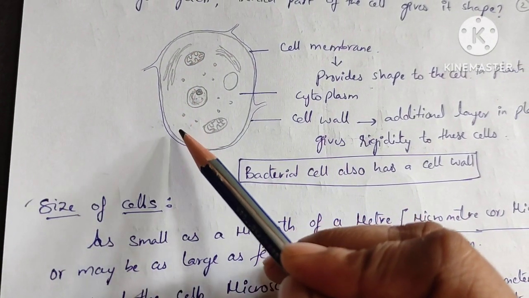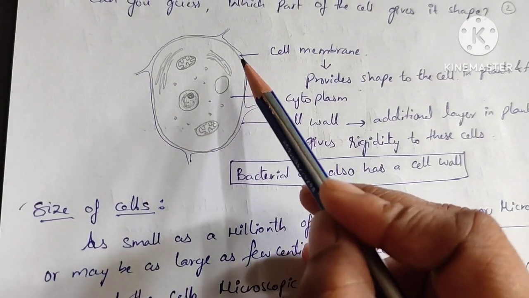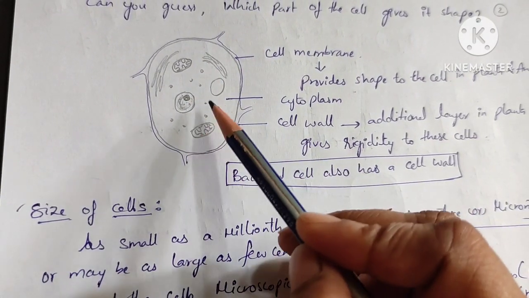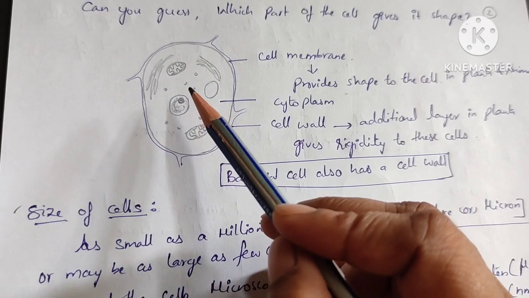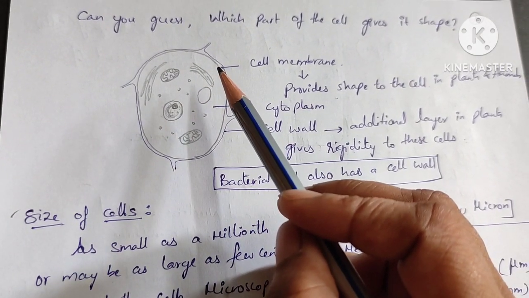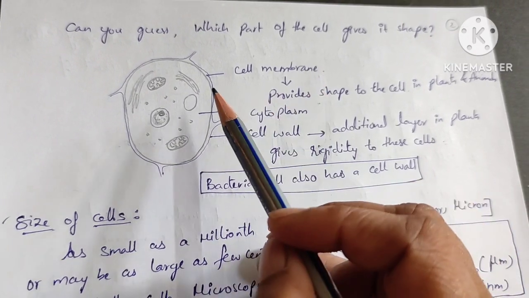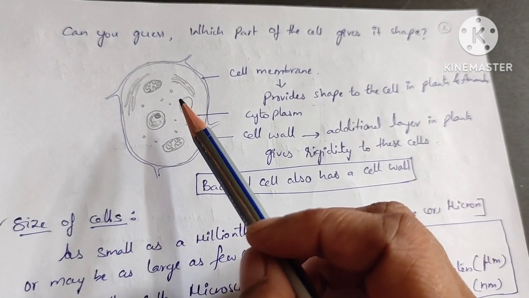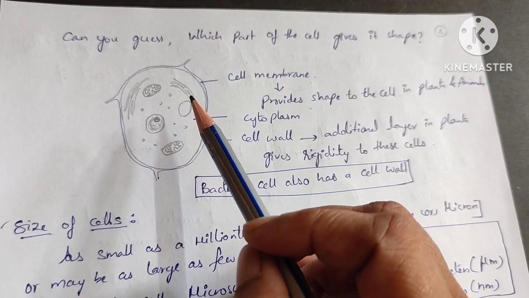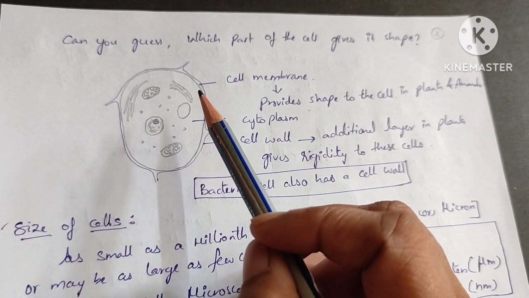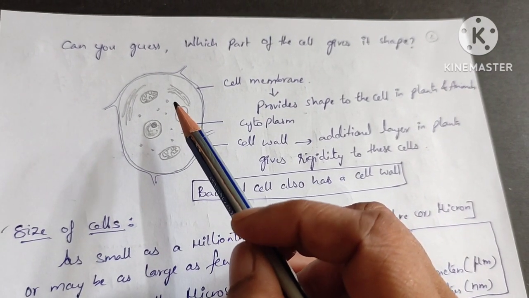This is the membrane which encloses all the organelles and different components of a cell. This membrane is nothing but the cell membrane, which provides shape to the cell in both plants and animals.